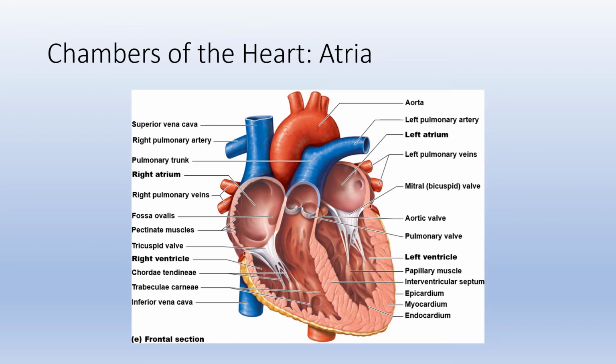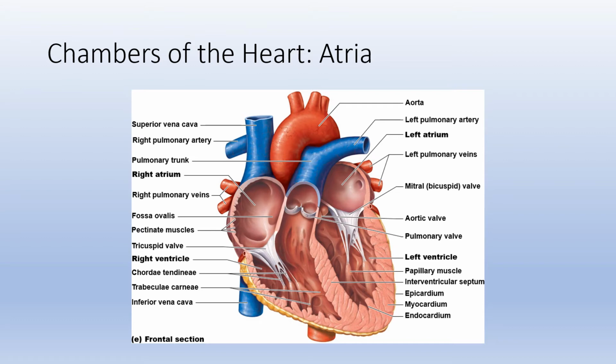This is an image that you should become very familiar with, but now, in addition to identifying the 4 chambers, the left and right atria and the left and right ventricles, take it a step further and see if you can identify the vessels that empty into the atria.